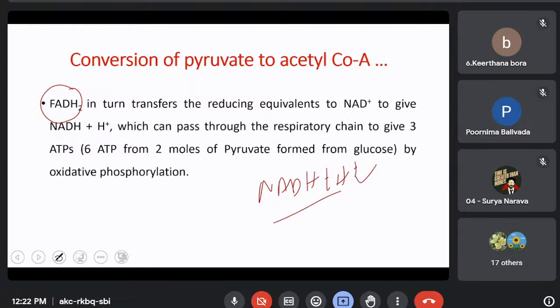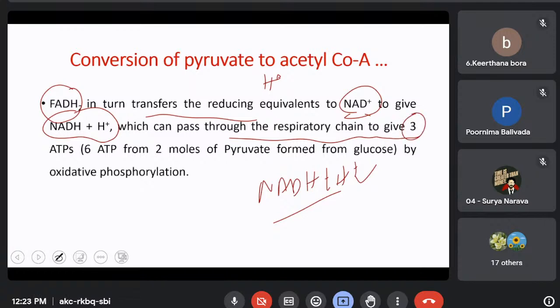So what happens is FADH2 in turn transfers the reducing equivalent, that means protons, to NAD to give NADH plus H plus, which can pass through the respiratory chain, that means electron transport system, to give 3 ATPs.